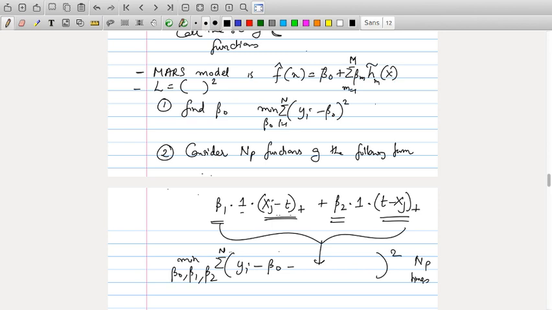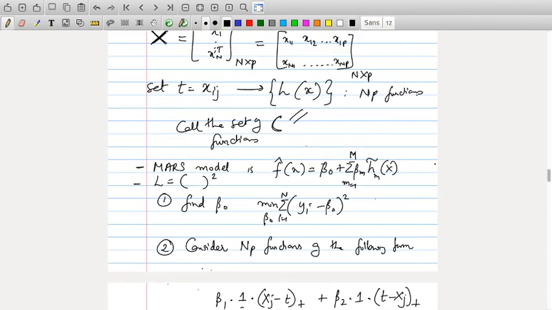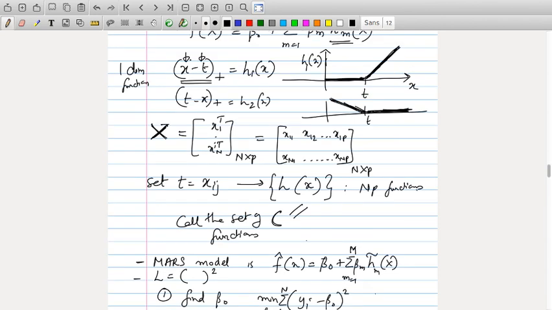Because j is the input variable. Remember, we created NP such functions. I said think of this one-dimensional function x minus t, so t is a parameter of this function. I said let me pick the parameter to be these n times p values.